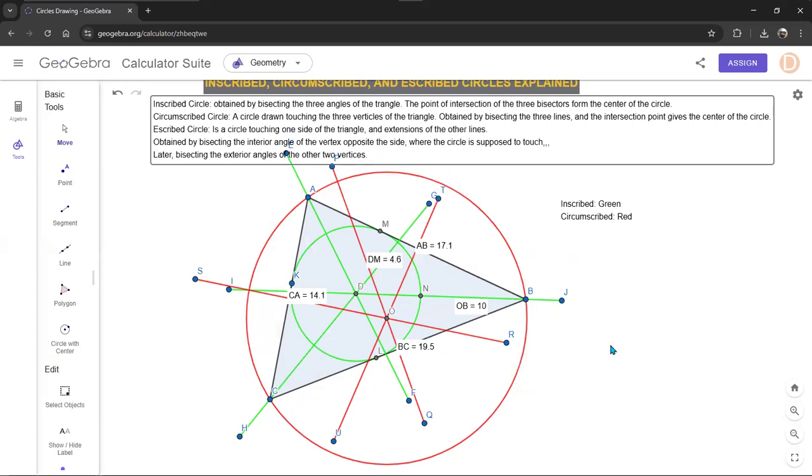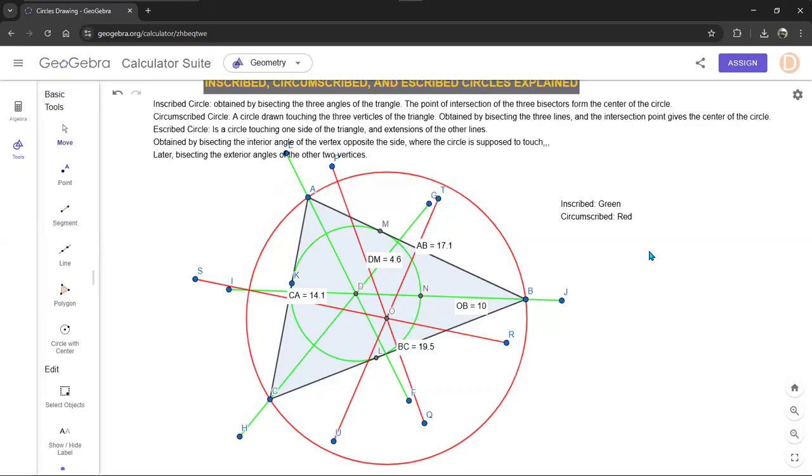So what I'm saying basically is that, for example, if now you are given an instruction, you are told to draw an ascribed circle touching the shortest line of the triangle. So in our case, the shortest line, as we can see from the measurement, we have 14.1, 19.5, and 17.1.